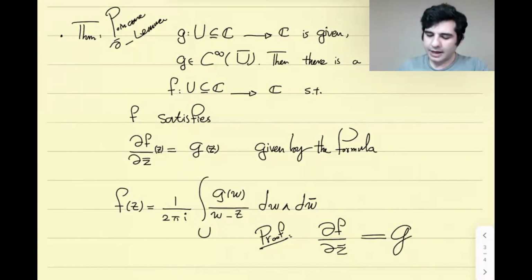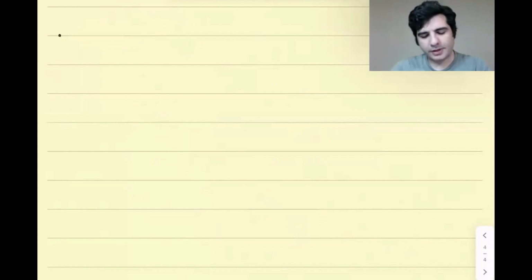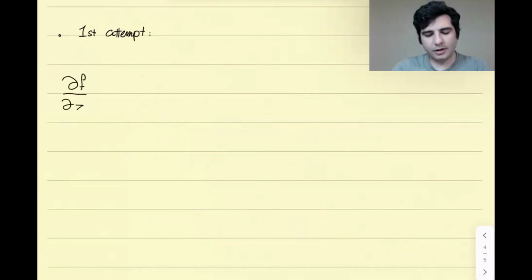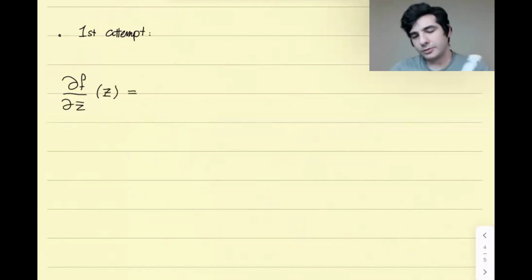So we are going to do that. Now we want to do this. So first attempt to prove this. We want to take derivative of f with respect to z bar at any point z inside U and see if it's equal to g or not. So the question is that at the end, can we get this equal to g of z or not?